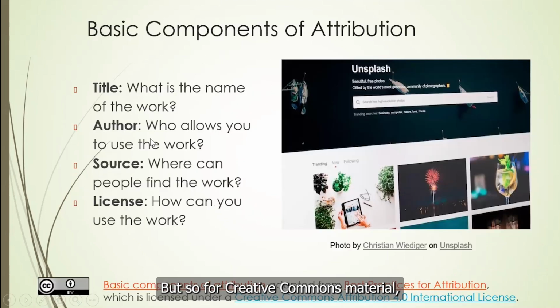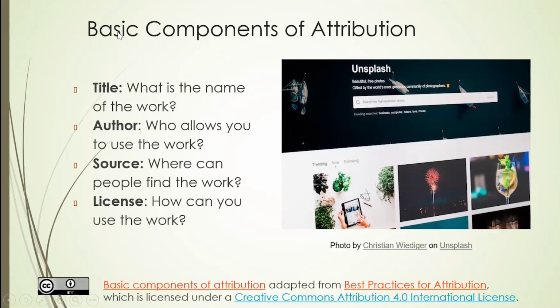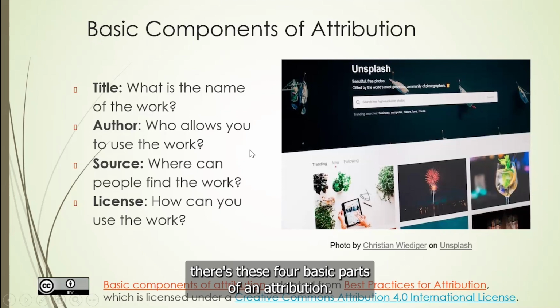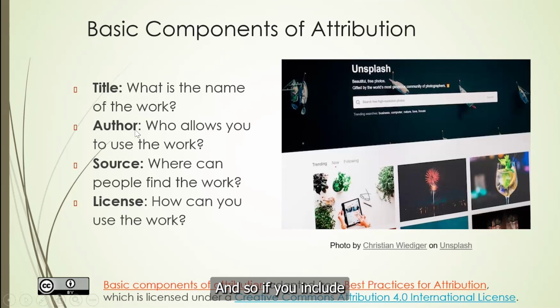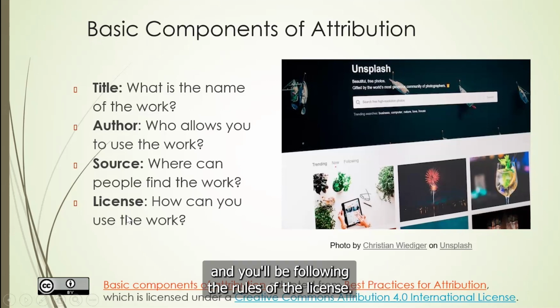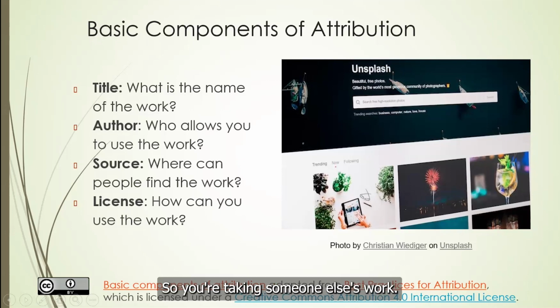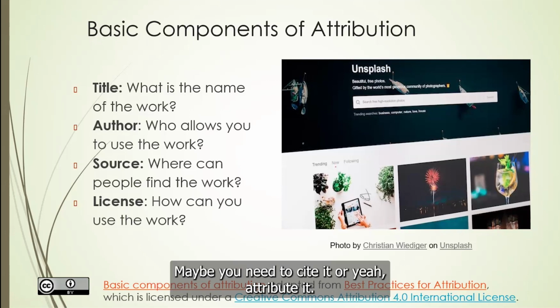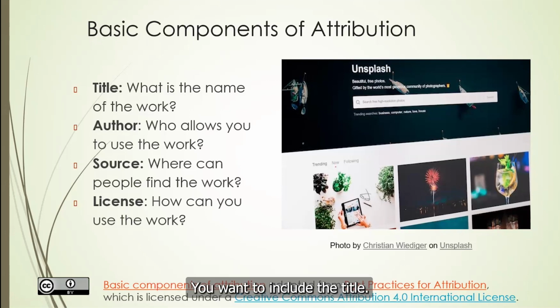For Creative Commons material, there are 4 basic parts of an attribution. If you include all of these things, you'll be fine and you'll be following the rules of the license. So you're taking someone else's work, maybe you need to cite it, or attribute it. You'll want to include the title. Hyperlinks are super important for this.